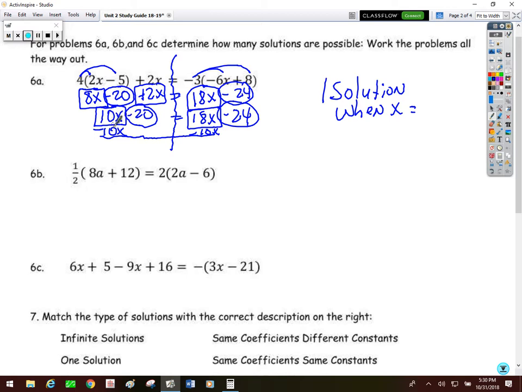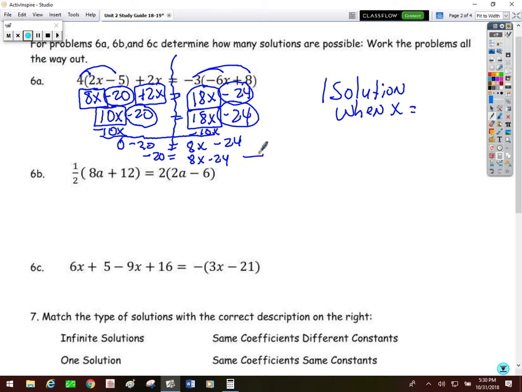That means this is going to go away. This is 10x minus 10x is 0, minus 20. 18x minus 10x is 8x minus 24. All right, so now I have 0 minus 20, which is negative 20, and then 8x minus 24.